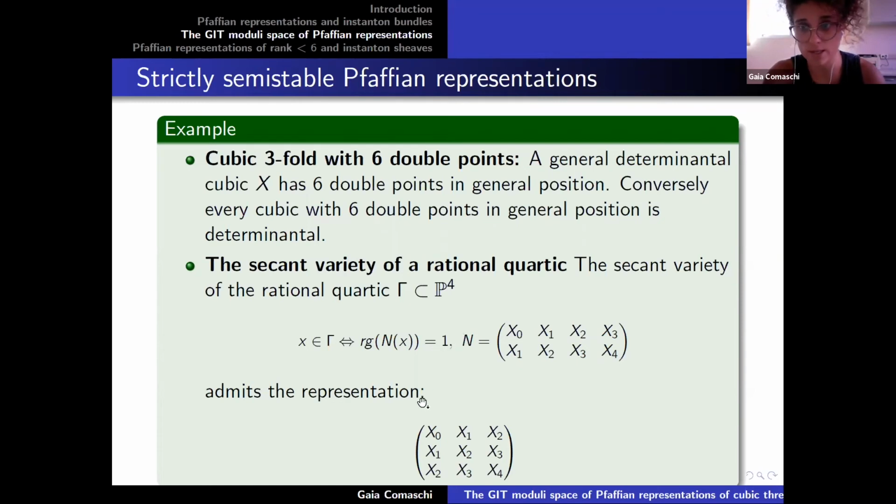And we can easily get a determinantal representation of these threefolds starting from the determinantal representation of the quartic. So here we will have all the scrolls that are contained in our cubic.